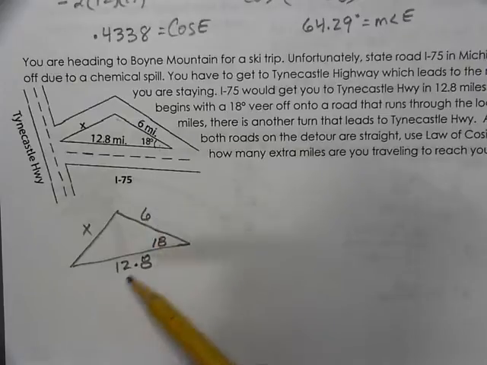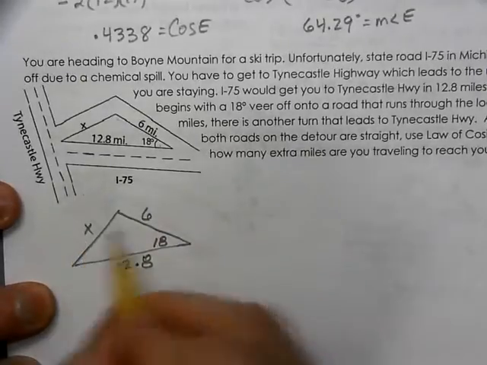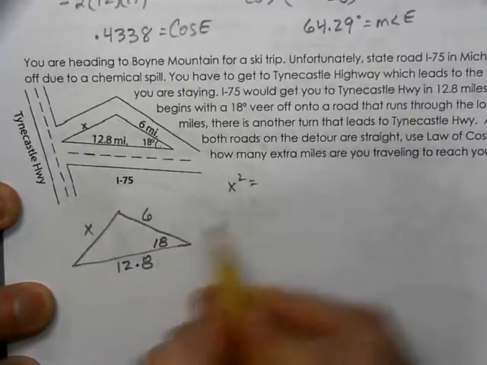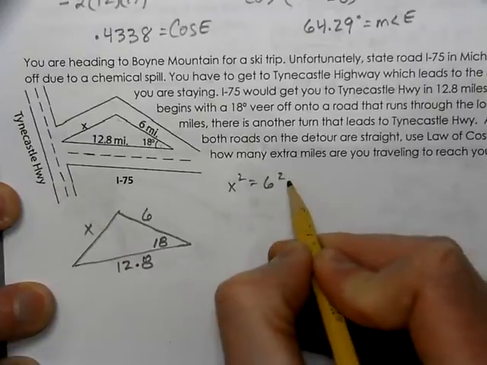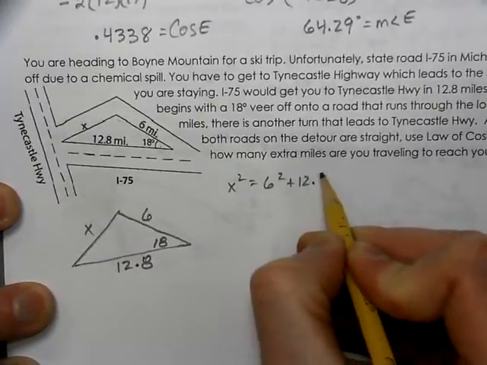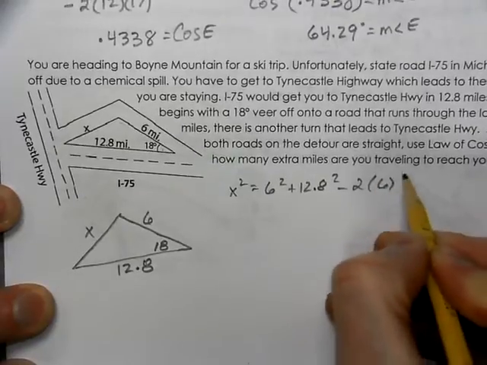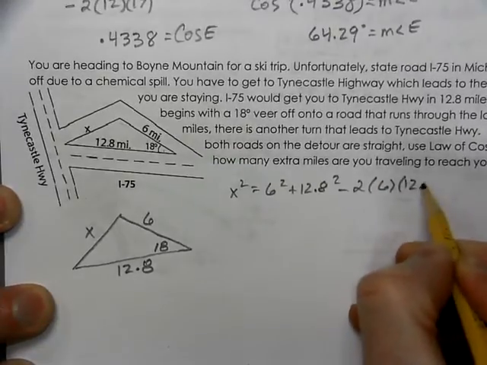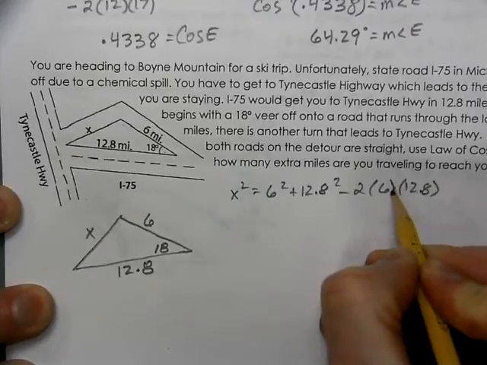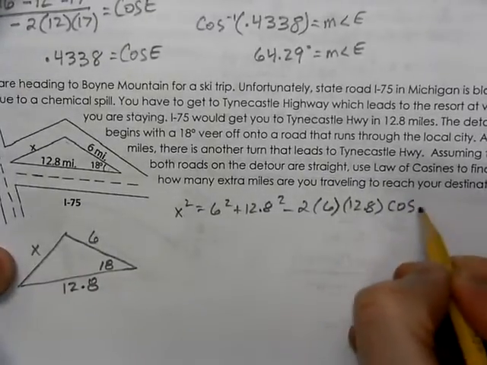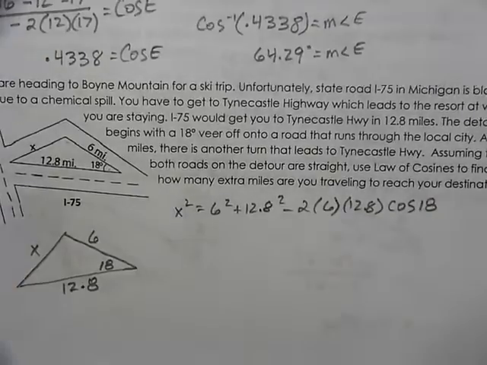So we're going to have to use law of cosines to help us calculate this out. So we're going to take our x squared to equal the 6 squared plus 12.8 squared minus 2 times those amounts times the cosine of our angle.